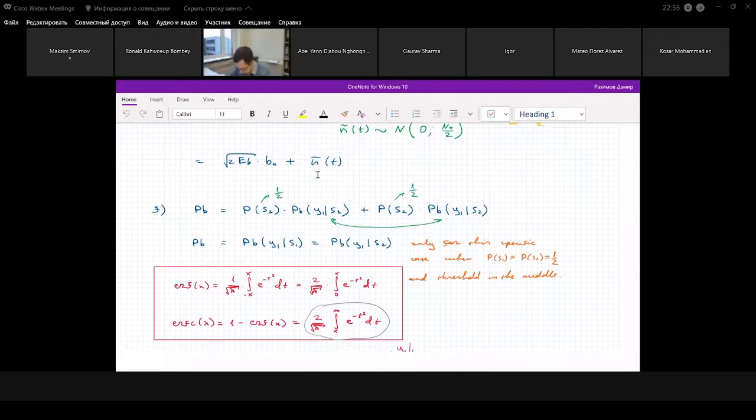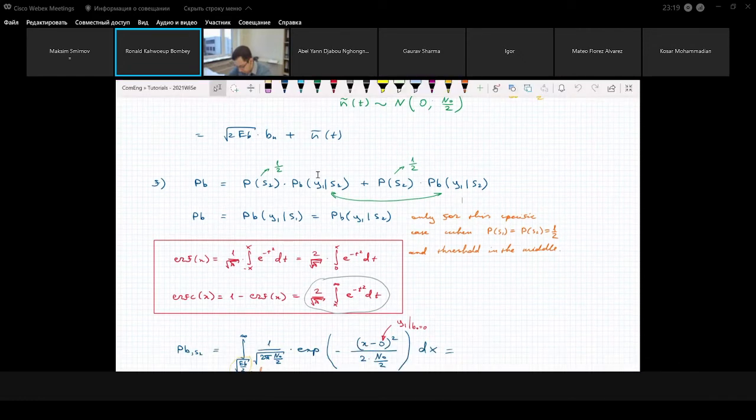I mean the probability of error. We have two probabilities, the two tails of the Gaussian distribution.